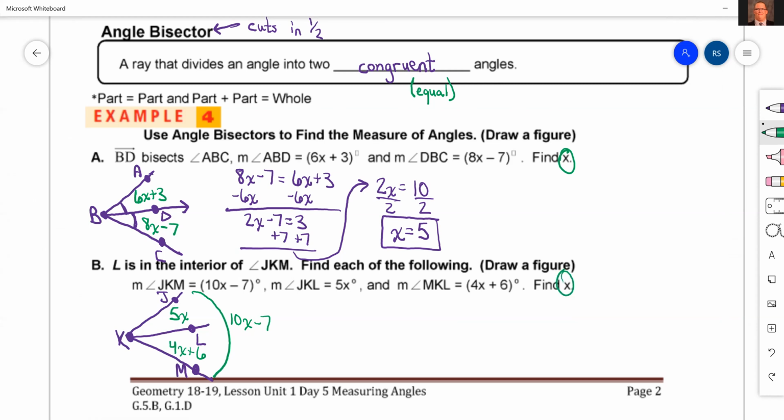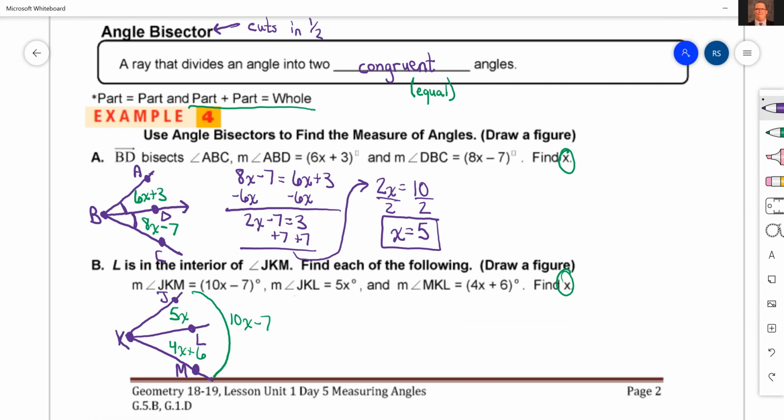Find x. Okay, well, what do we know? We have each part and we have the whole. So we remember that part plus part equals whole.